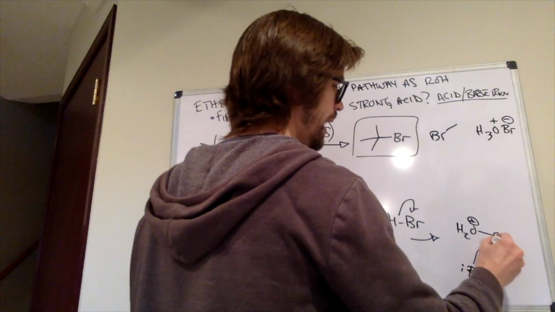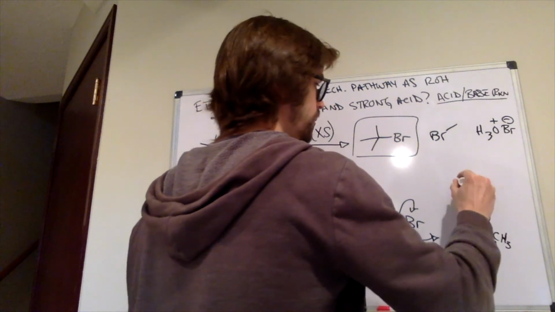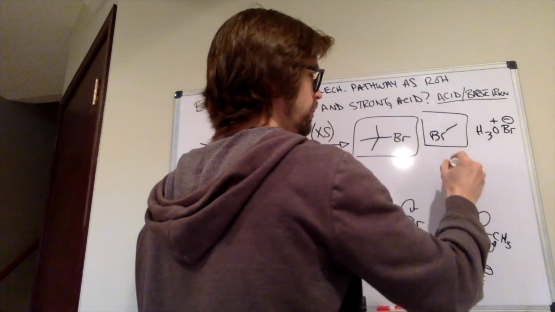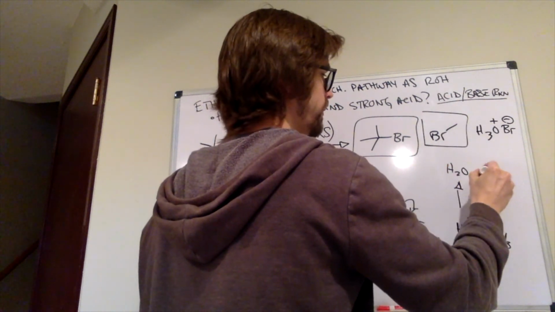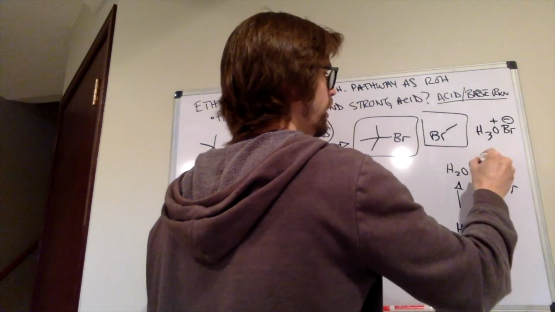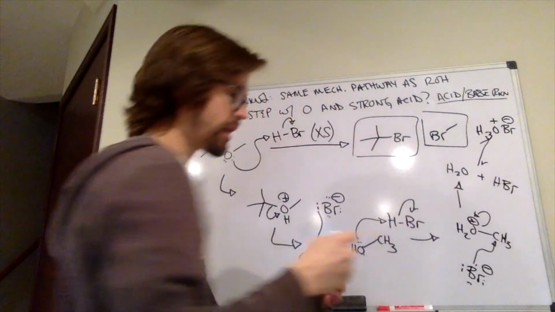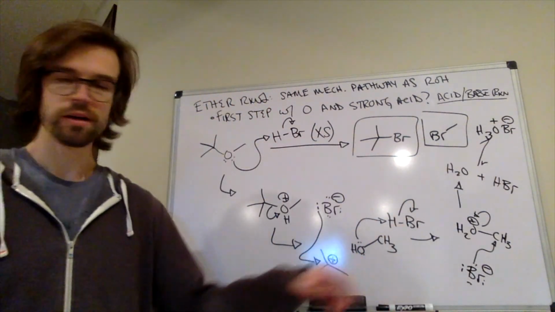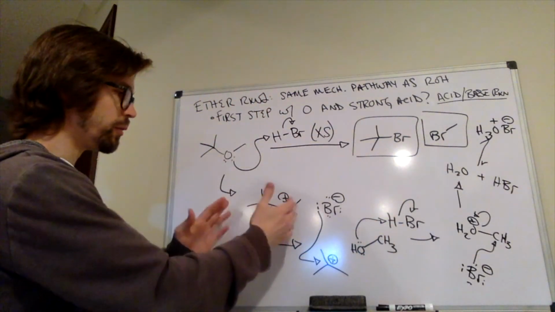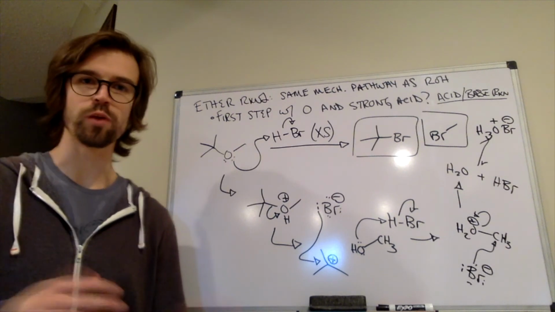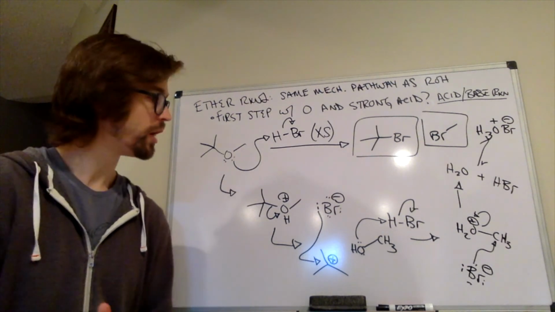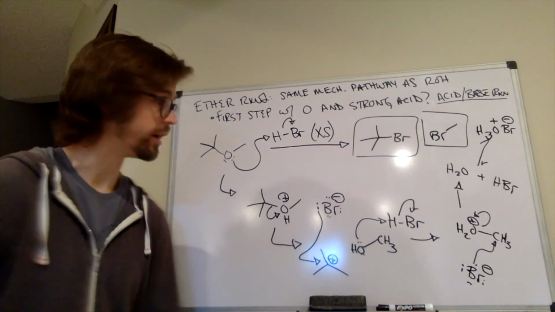So Br- is going to add there, going to make that plus H2O, which if we have H2O plus HBr, the equilibrium is way to that side. So that kind of walks through the rest of the mechanism. Same idea as last time, but we have to wrestle with the idea of what side reacts at the fastest rate. So that's reactions of ethers.